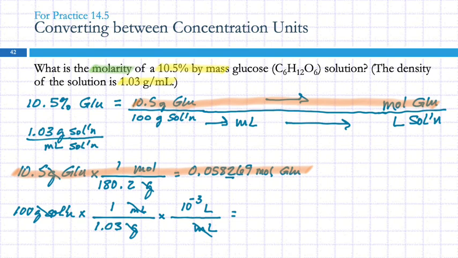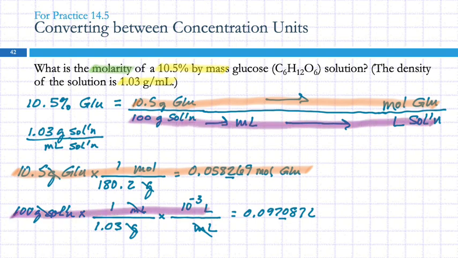So 100 divided by 1.03 times 1e negative 3 is 0.097087 liters. So that's the denominator calculation I did down here.